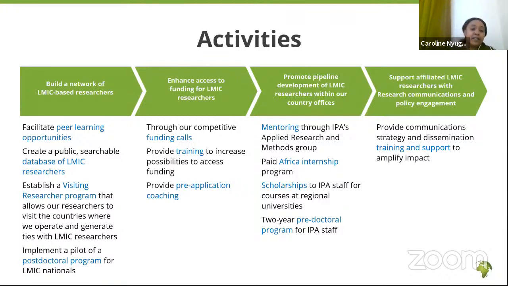So this slide here discusses the activities that surround the strategy that we've been discussing. We have put them into 4 buckets or 4 building blocks. The first one is build a network of LMIC-based researchers.